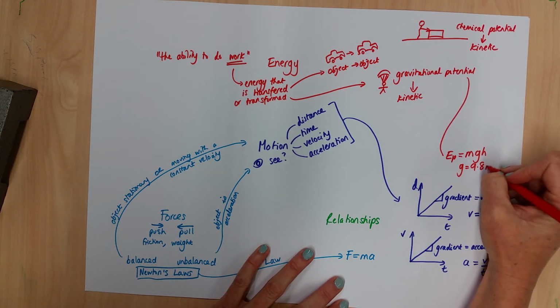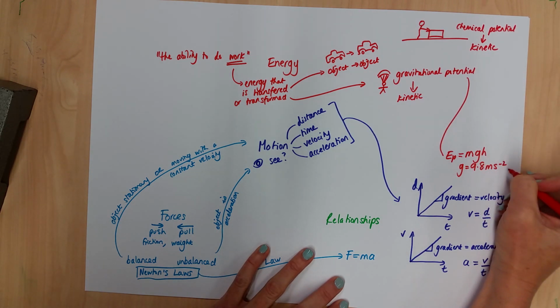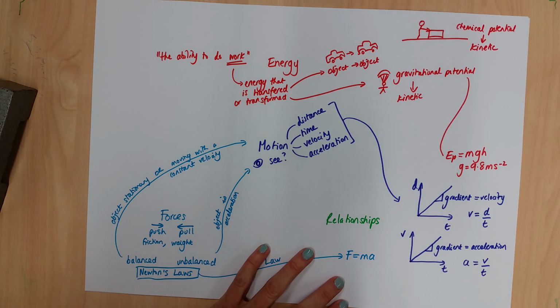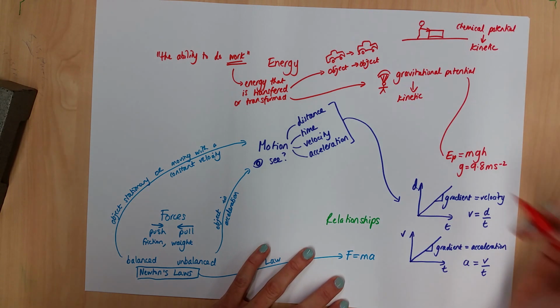Our value of g, the acceleration due to gravity, which means how quickly falling objects accelerate, is always the same. So you'll be learning about that as you link together ideas about acceleration and energy.